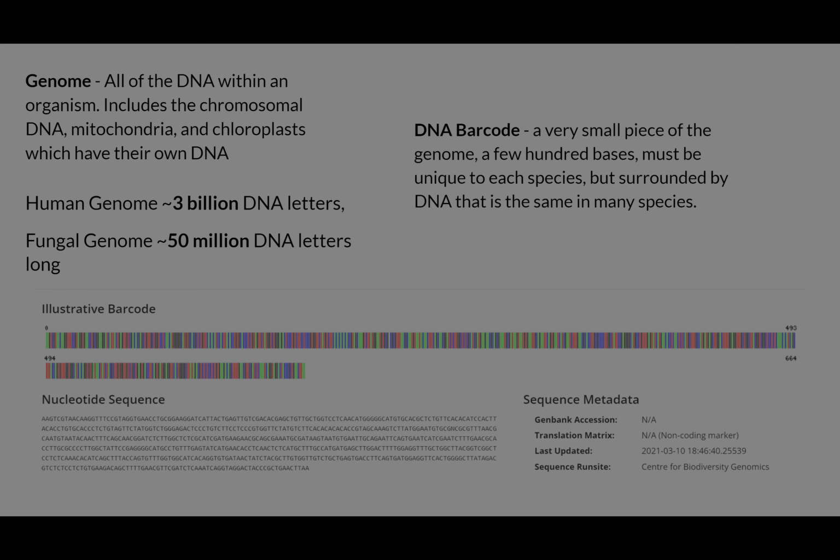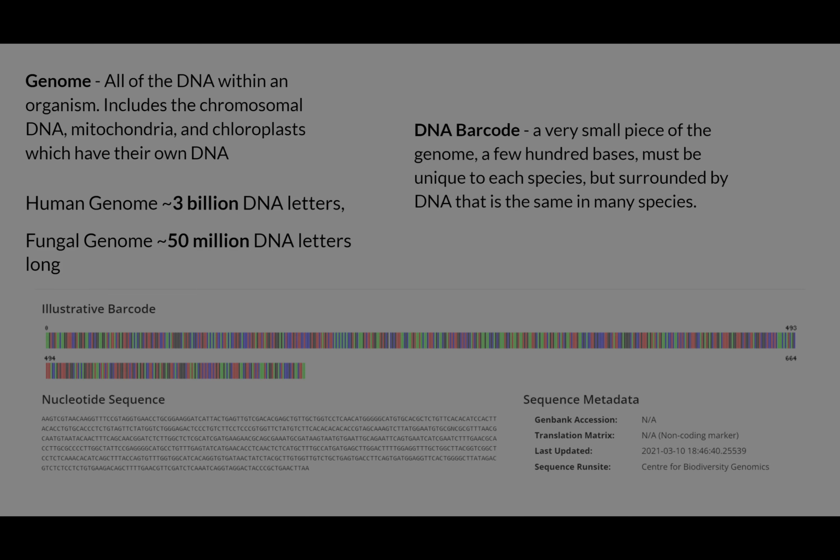A human genome is about 3 billion DNA letters long, or base pairs. A fungal genome is, on average, about 50 million base pairs long. That includes all the information to make all the proteins, enzymes, and other components of the living organism.